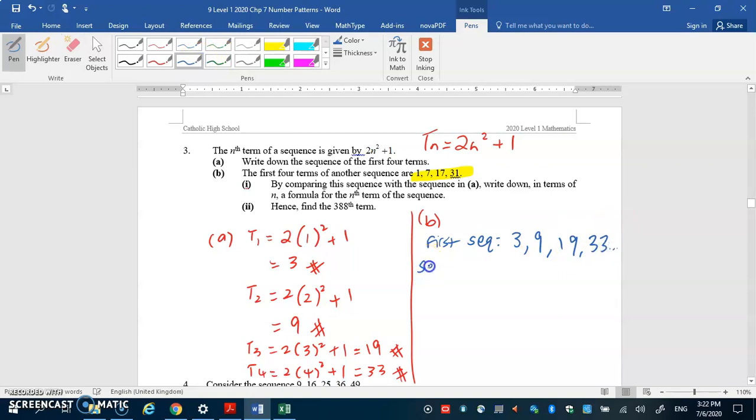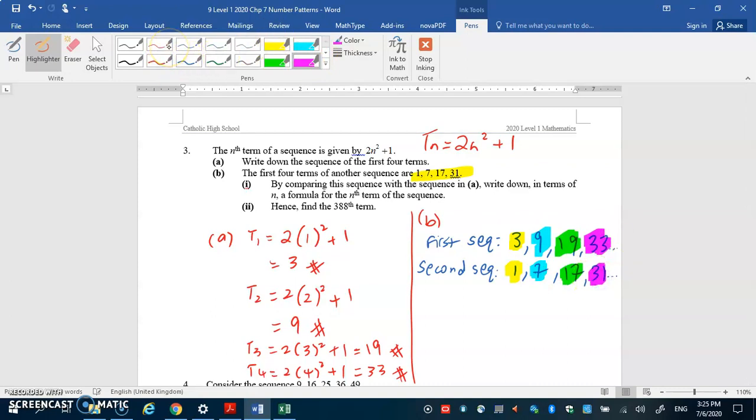The second sequence given in the question is 1, 7, 17, 31. Now, if you compare the first sequence with the second sequence, what do you observe? You can see immediately, oh, 3 minus 2 will give me 1. And then, oh, 9 minus 2 will give me 7. Then, 19 minus 2 will give me 17. And 33 minus 2 will give me 31.